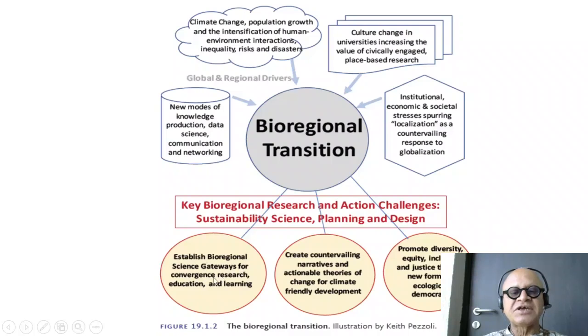Establish bioregional science gateways. So these are the action items under key bioregional research and action challenges for sustainability science, planning and design. So establish bioregional science gateways for convergence research, education and learning. Create countervailing narratives and actionable theories of change for climate-friendly development. Promote diversity, equity, inclusion and justice through new forms of ecological democracy.